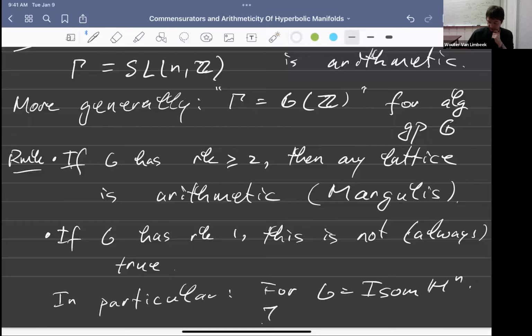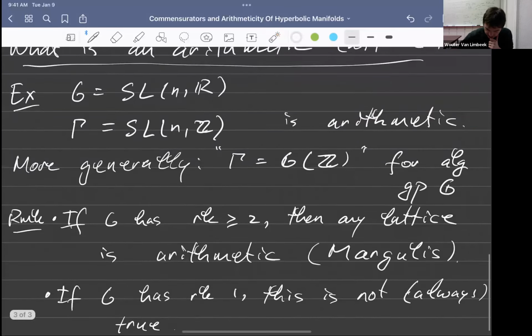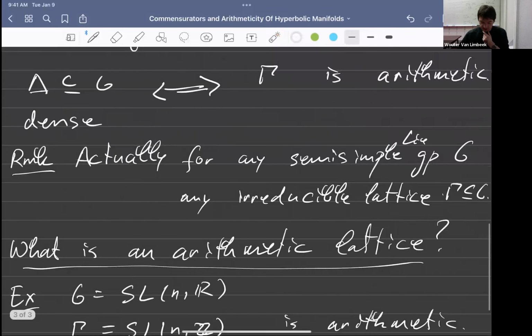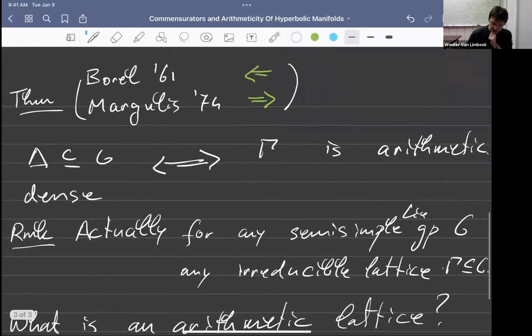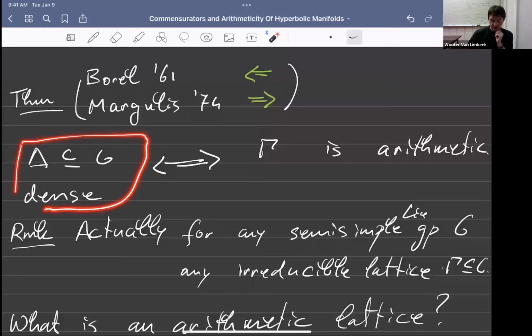There are non-arithmetic lattices. Okay, so this theorem, let me just back up a second after this digression into arithmeticity. It's a really amazing theorem because, at least for me, I view this as a geometric condition.